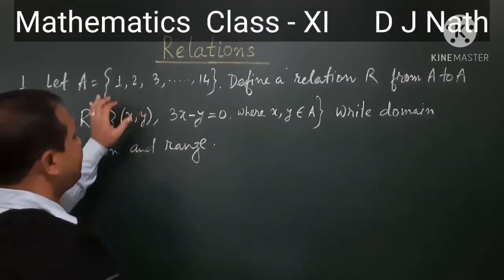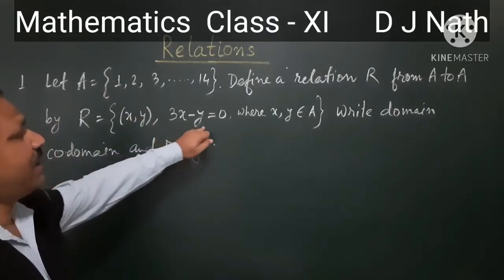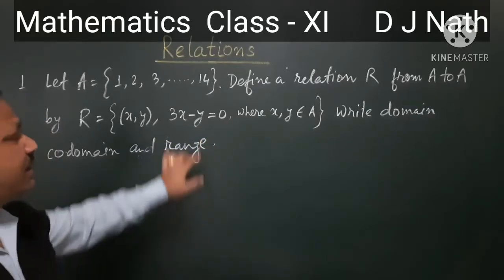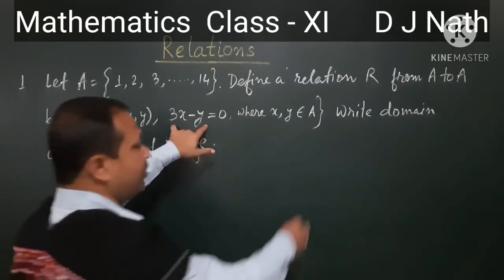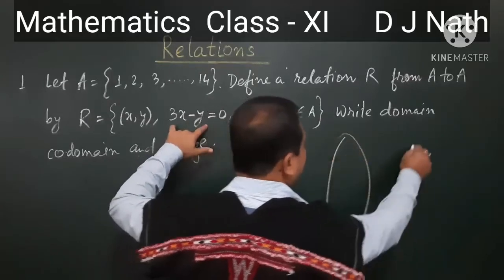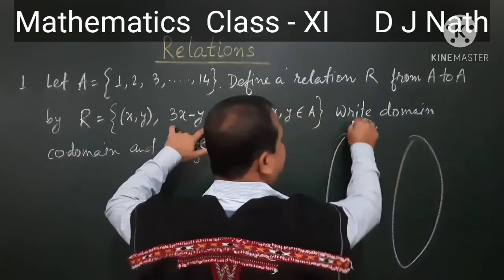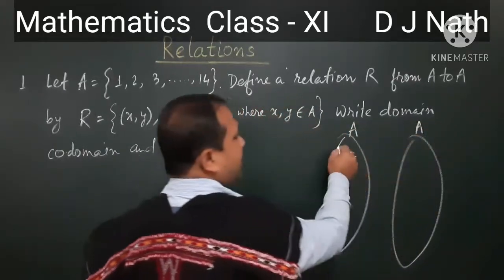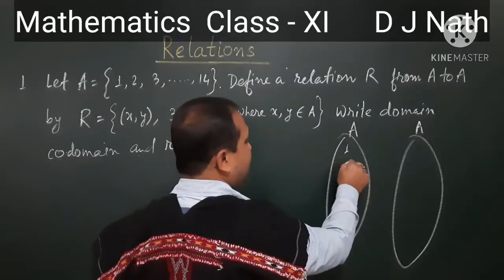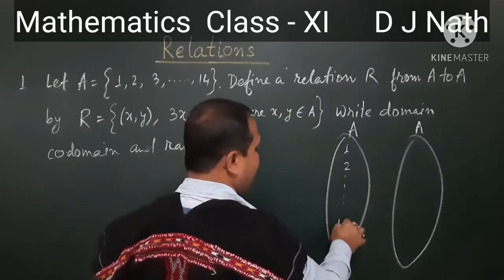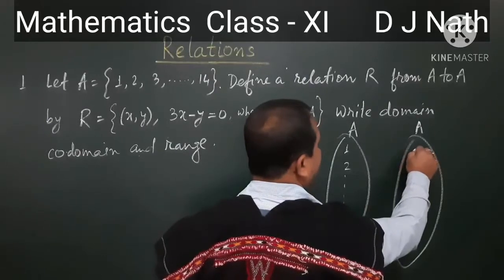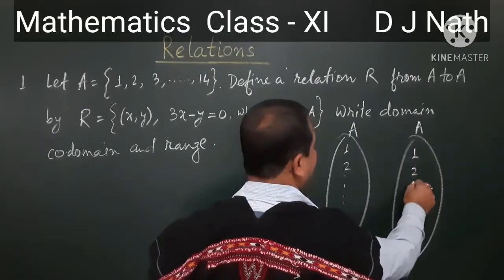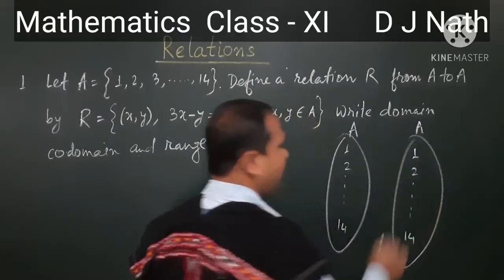So what is given? 3x minus y equals 0. This is the condition. Both the sets are the set A. That means here also it is from 1, 2 up to 14, and here also it is from 1, 2 up to 14.